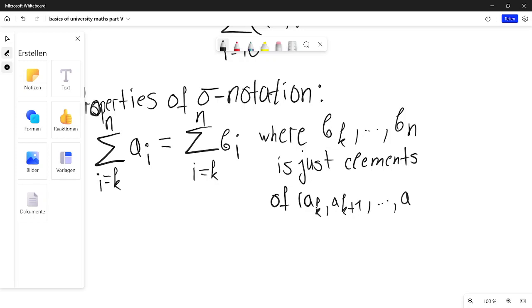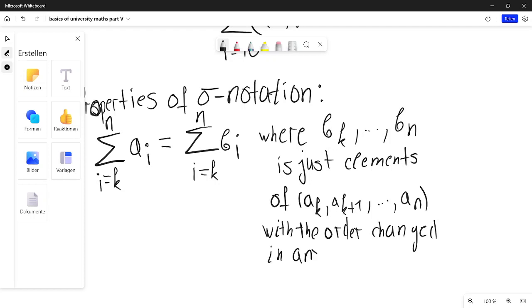So I take just an ordered tuple of elements with the order changed in any way. There is, of course, a way to formalize that, but I don't want to confuse you more, so for now it's not that rigorous.